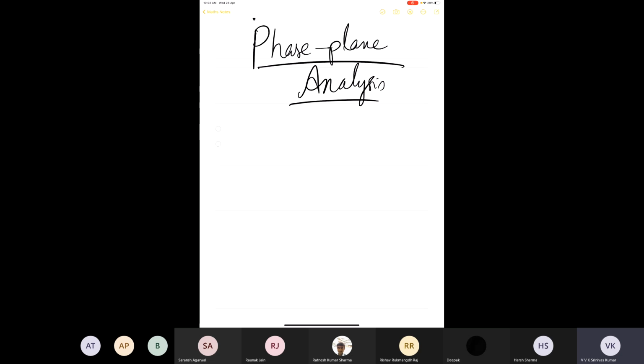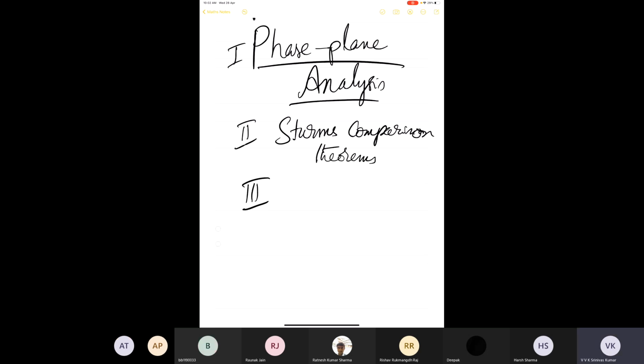So in this session, we have phase plane analysis. The first topic is phase plane analysis. Second is Sturm comparison theorems, and third is initial value problems, general non-linear ODEs.